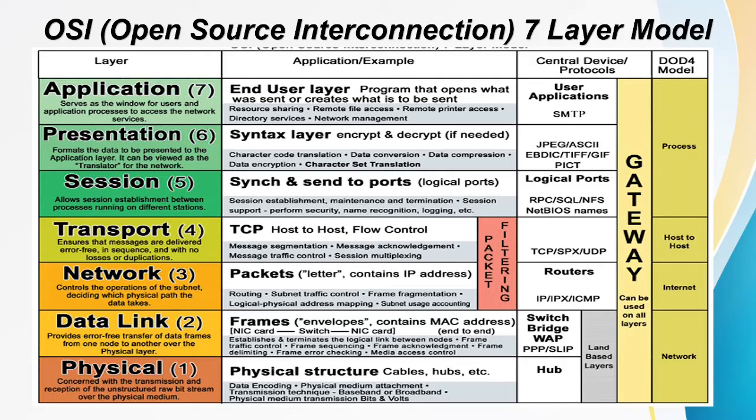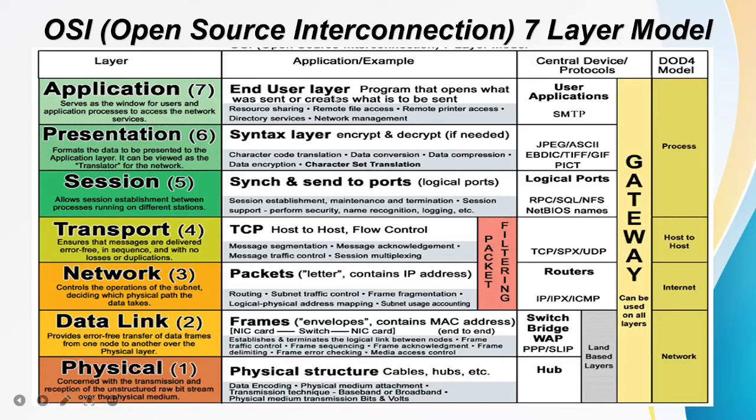So here, when the data is going to come into here, that is the application layer. Let us say that I am the sender, and I am going to send the data to the receiver. Okay, so at that time what is going to happen?